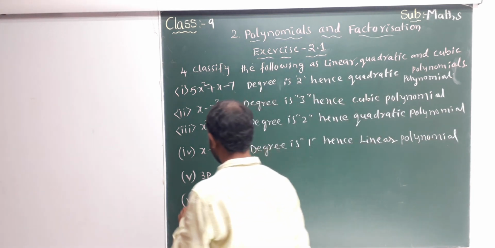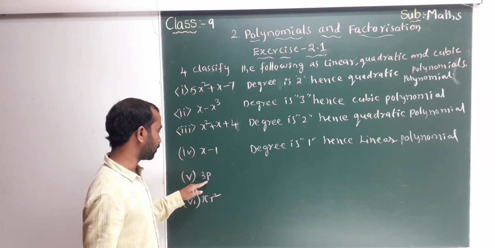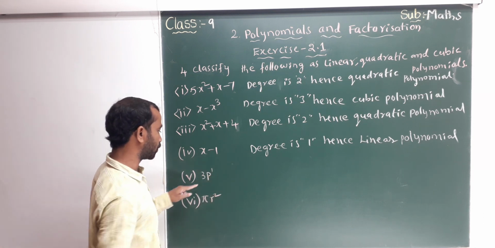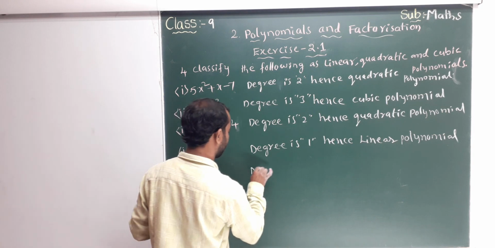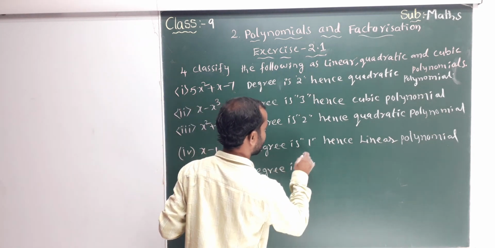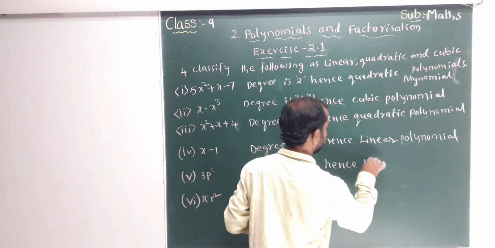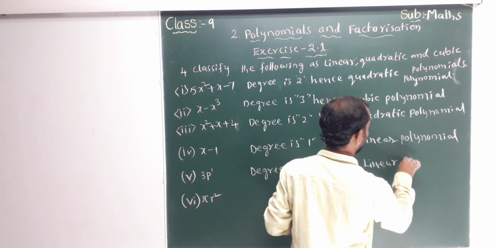Next, fifth one: 3p. Here we have only one term. The variable power is 1, so the degree of the polynomial is 1. So this is also a linear polynomial.